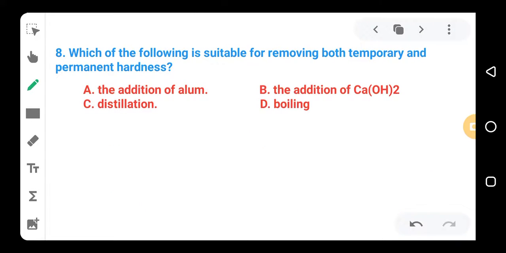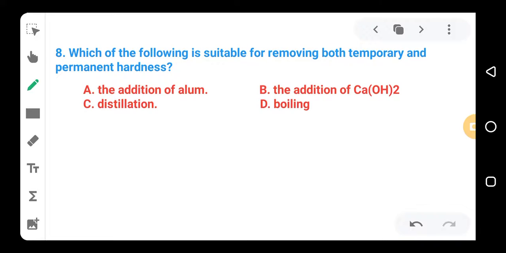Question number 8. Which of the following is suitable for removing both temporary and permanent hardness? Hardness in water can be temporary or permanent, and we have different methods we can use to remove each of the different types of hardness in water.